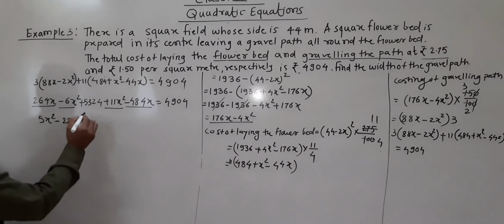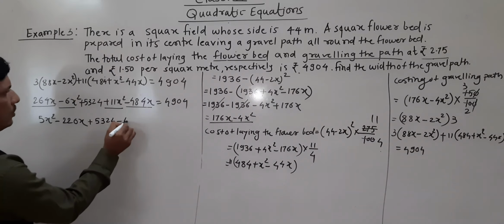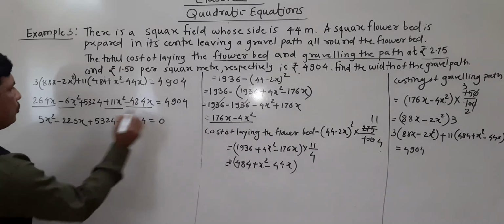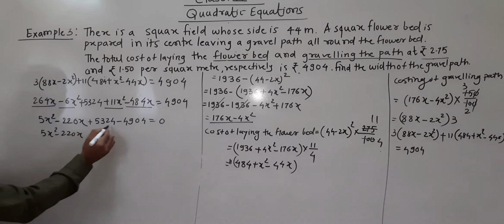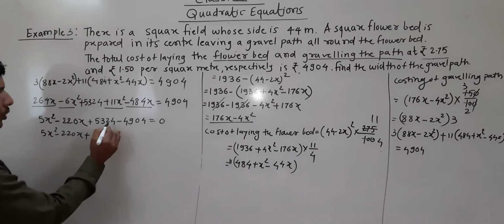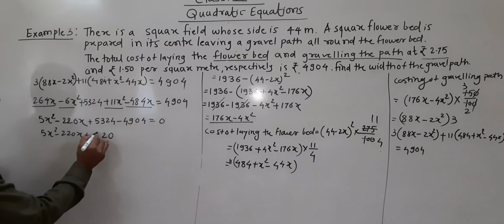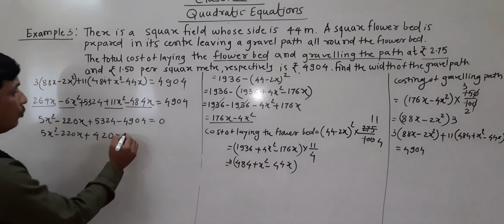Okay, now plus 5324 minus 4904 is equal to 0. So 5x square minus 220x. So this will be plus sign as it is the greater number. 4 minus 4 is 0. 2 minus 0 is 2. 53 minus 49, that is 4, so 420. Okay, 53 minus 49 is 4, is equal to 0.